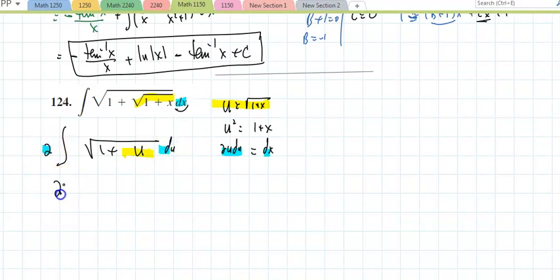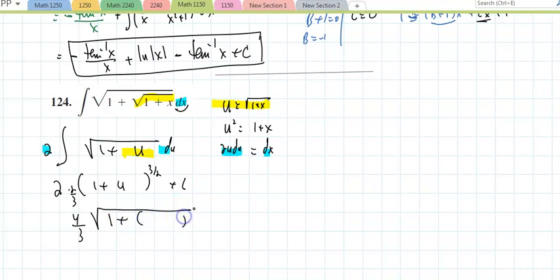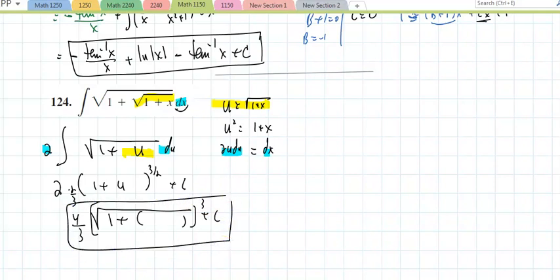Now, do you see that this is simply whatever this is, add 1 to the power, divide by that? Of course, you could leave it as 3/2. You really don't have to write it the way I'm doing that. I'm just trying to impress you. And wasn't that just the square root of 1 plus x?